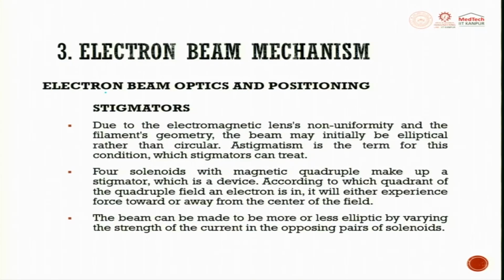The next one is electron beam optics and positioning. So, we see here stigmators. Due to electromagnetic lens non-uniformity and filament geometry, the beam may initially be elliptical rather than circular.